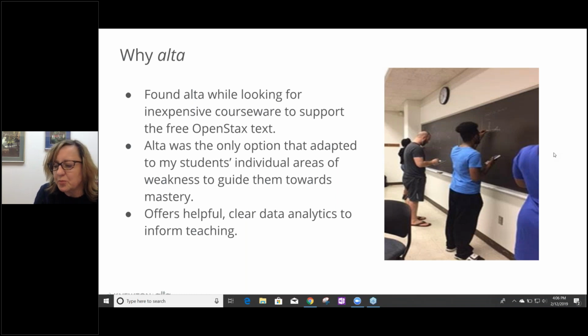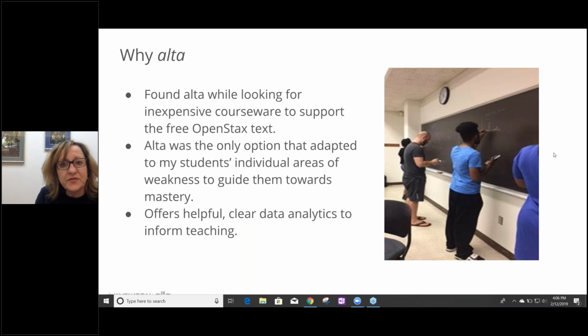But after using OpenStax for a semester or two, I really wanted to find an inexpensive but high quality courseware to accompany the OpenStax free text. In looking at that, Alta was the only option that was adaptive and really could target my students' individual areas of weakness and help guide them toward mastery.